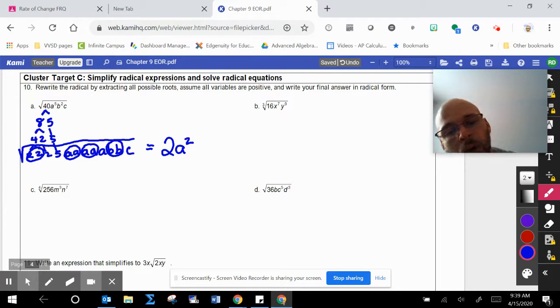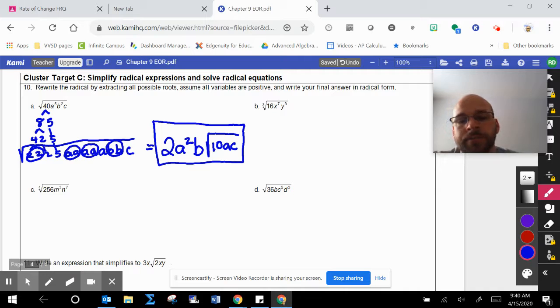I had one group of B's, and then inside my radical, I still have a 2 and a 5. Now you can put those values back together. So if you have both a 2 and a 5 still inside, you can multiply them to be 10. And then I still have an A and I still have a C. And this would be my answer.